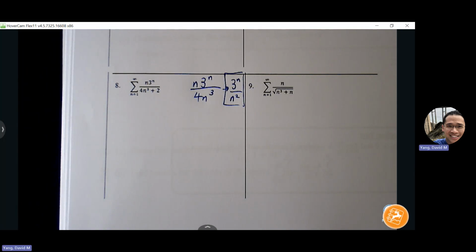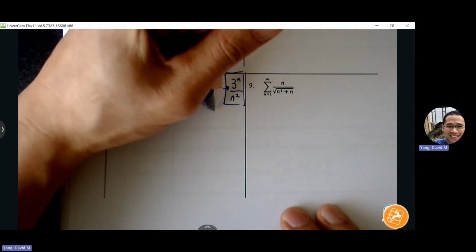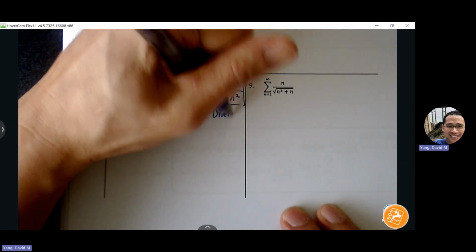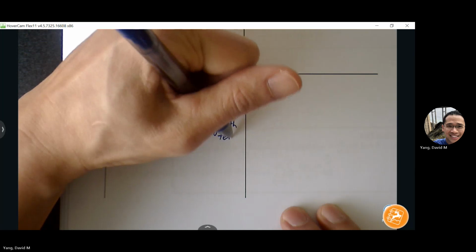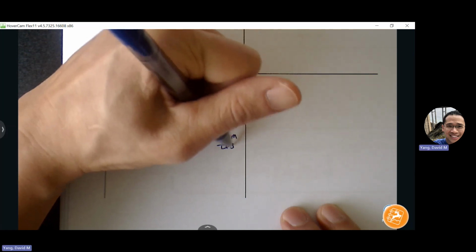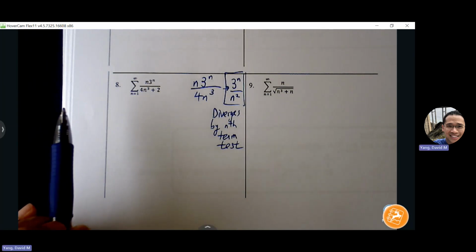So this is what? The nth term, right? The nth term test can help us show what is going to happen with this one. So we can say this diverges by the nth term test. Let's look at the initial fraction here.